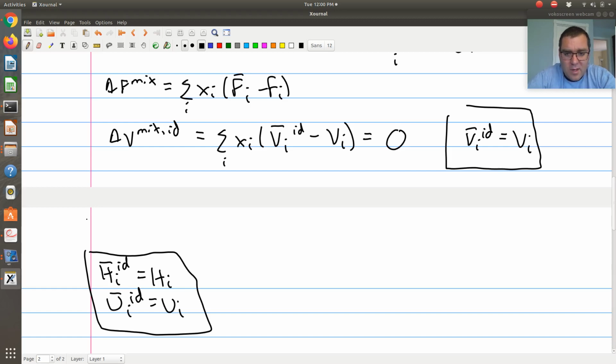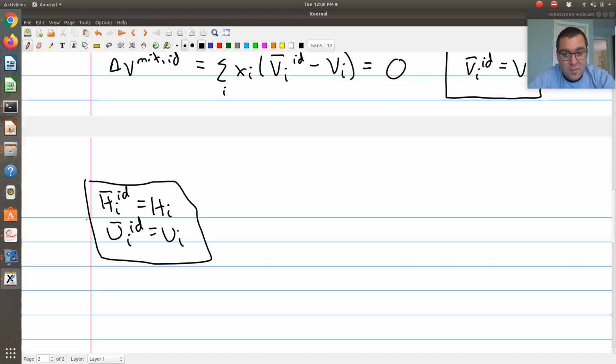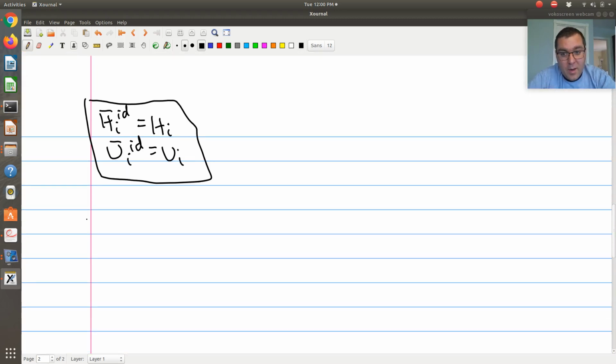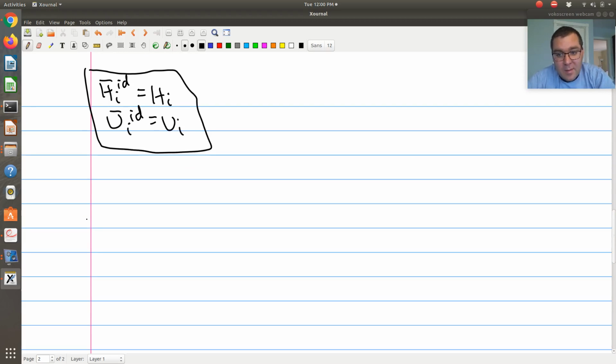Again, those property changes upon mixing being 0 made sense because we're assuming that the molecules are interacting in exactly the same way in the mixture as they do in the pure component systems. Of course this isn't going to be exactly true for entropy and molar Gibbs free energy, and so we'll get to that.